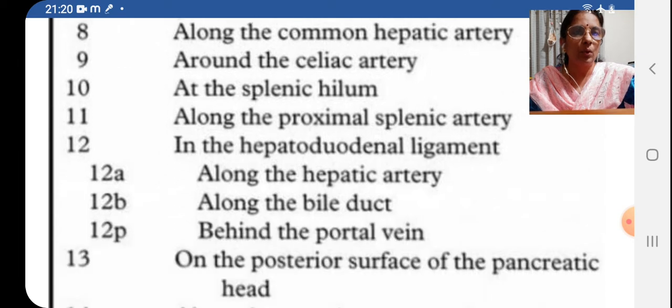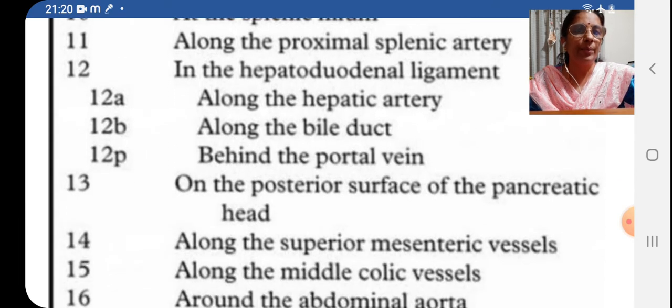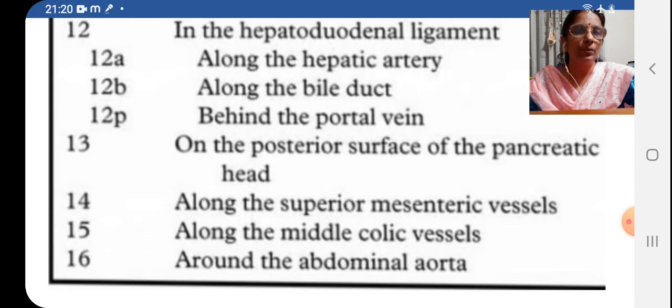And 12 to 16, these are the principal nodes. These are seen at the root of the mesentery, along the superior mesenteric vessels, middle colic vessels, and around the abdominal aorta. So all these are the principal nodes as far as the stomach is concerned.